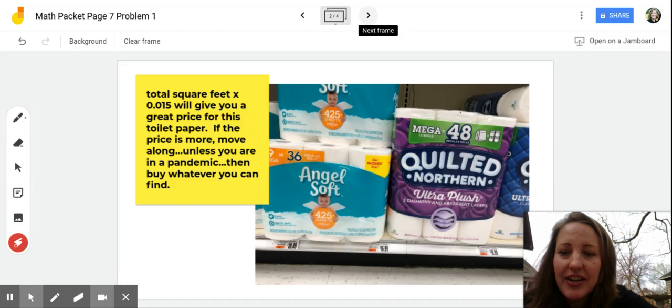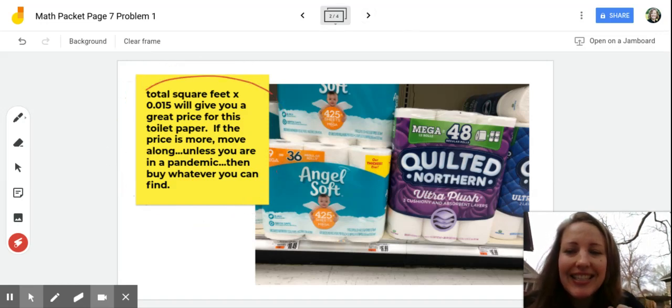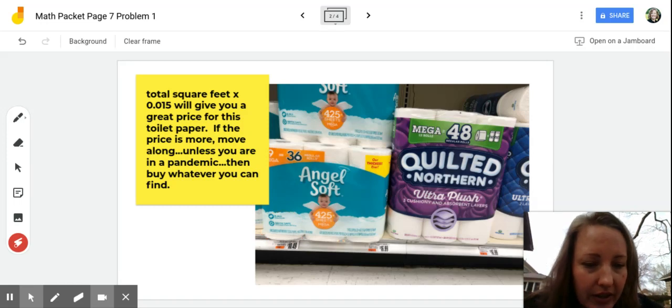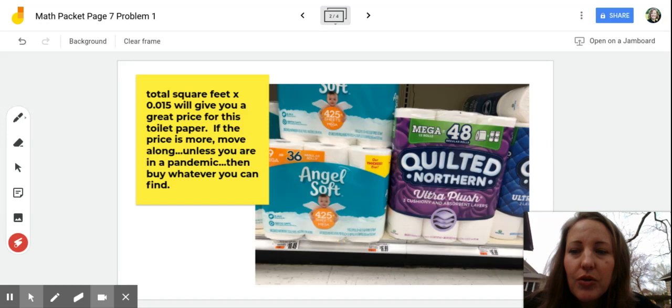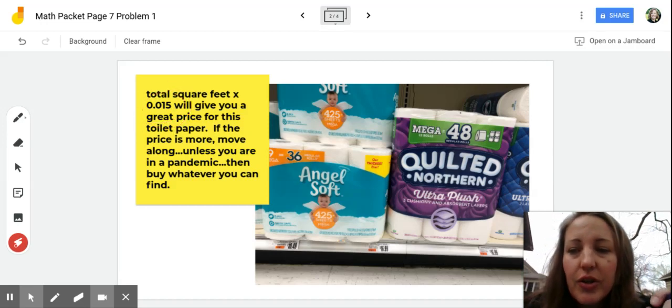But here's kind of the thing, and your parents, grandma, whatever, they might be most interested in this because they're the ones spending the money. If you look in the bottom corner, it's usually down here somewhere, you take the total square feet of your toilet paper and you multiply that times 1.5 cents, 0.15. It'll give you a great price for toilet paper.